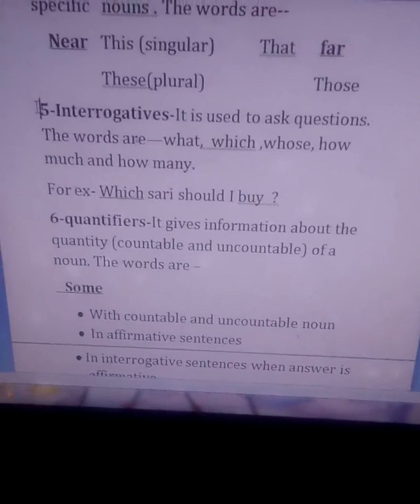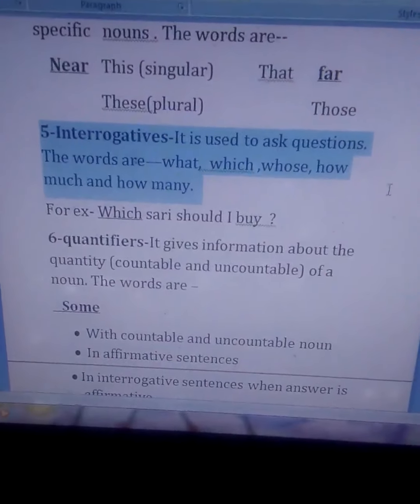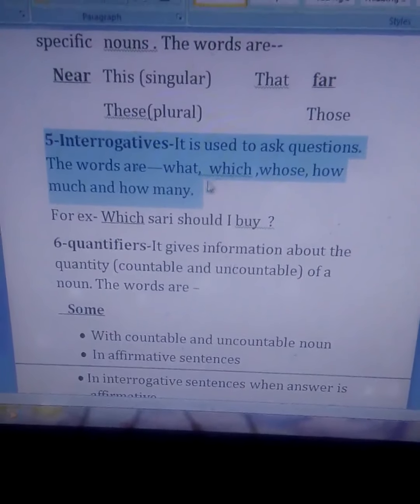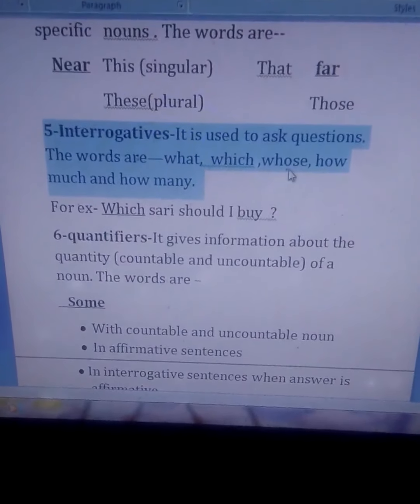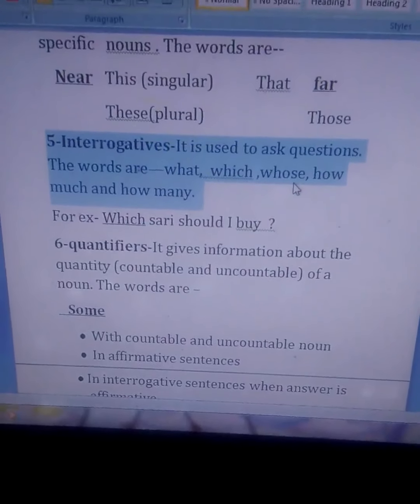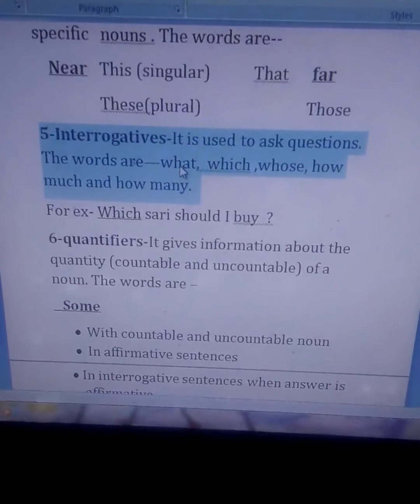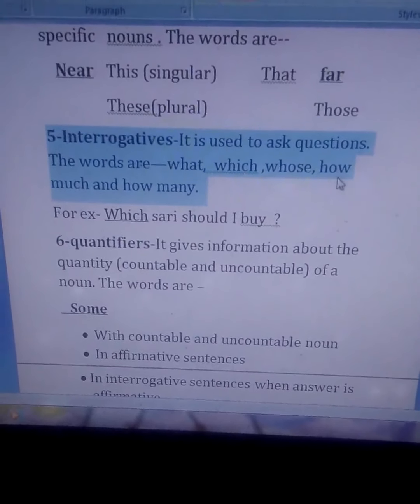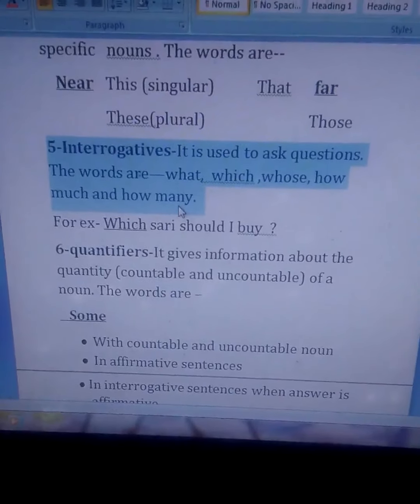Next is interrogative. It is used to ask questions. When we ask questions, some words are used as interrogative determiners. These words are what, which, whose, how much, and how many.